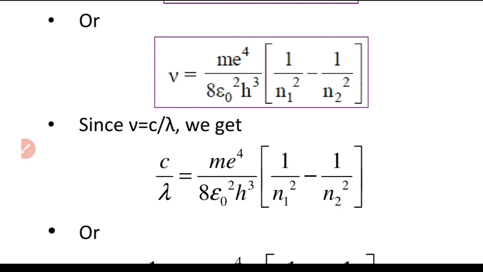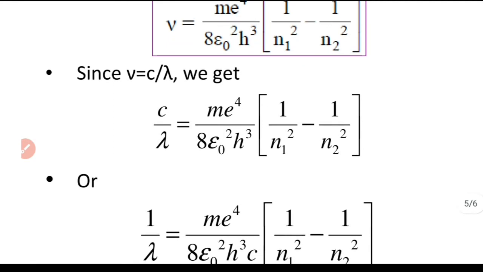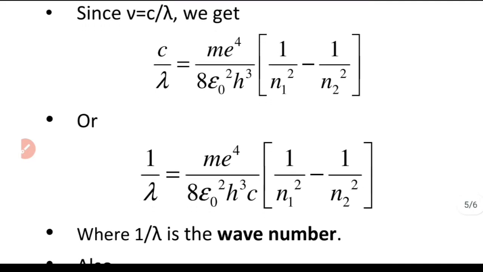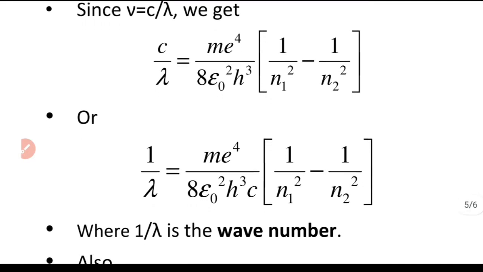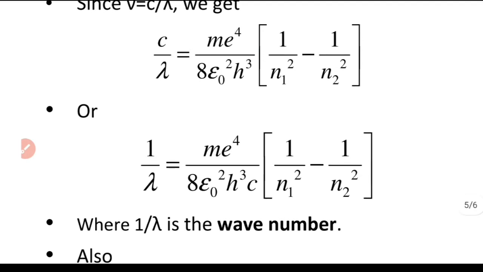In this equation, we put nu = c by lambda. So c by lambda equals m e^4 by 8 epsilon 0 square h cube into (1 by n1 square minus 1 by n2 square). Taking c to the right hand side, we have 1 by lambda = m e^4 by 8 epsilon 0 square h cube c into (1 by n1 square minus 1 by n2 square), where 1 by lambda is called the wave number.